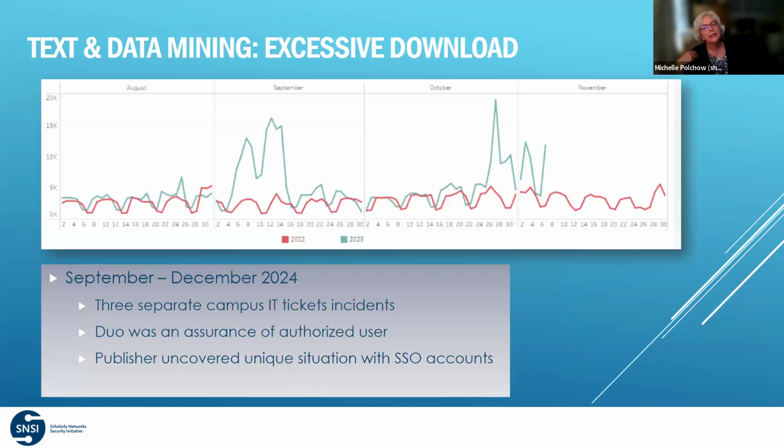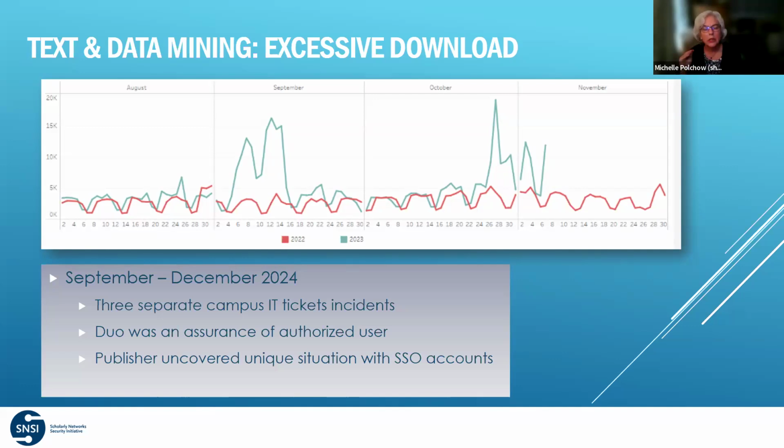So in the midst of this, we received an email from a publisher indicating that they were seeing some excessive use when compared to the previous year. The red line was the prior year, the green line was the current activity that they saw.